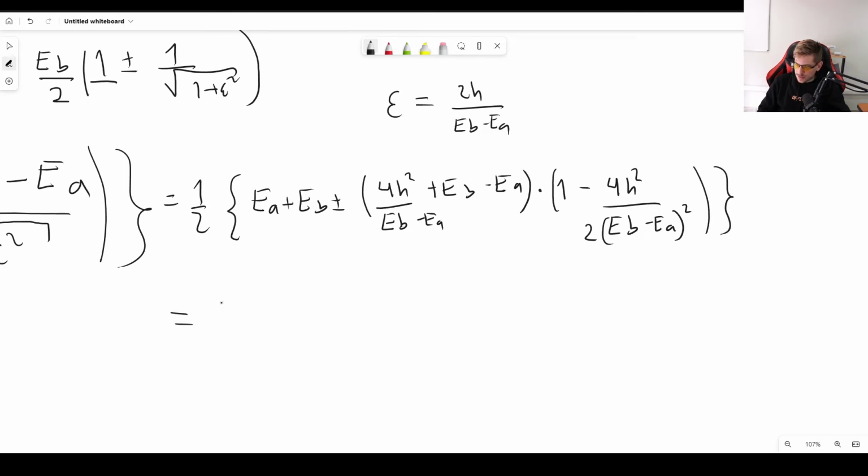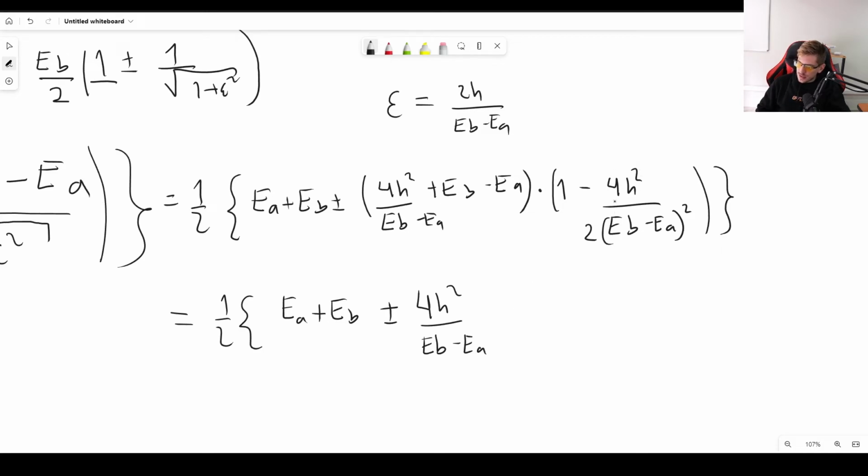So let's now multiply through. Now the first part, of course, there is no change. Now what do we have in this plus or minus part? We get, let's see, 4h squared. This is times 1, so no change. So 4h squared over EB minus EA.